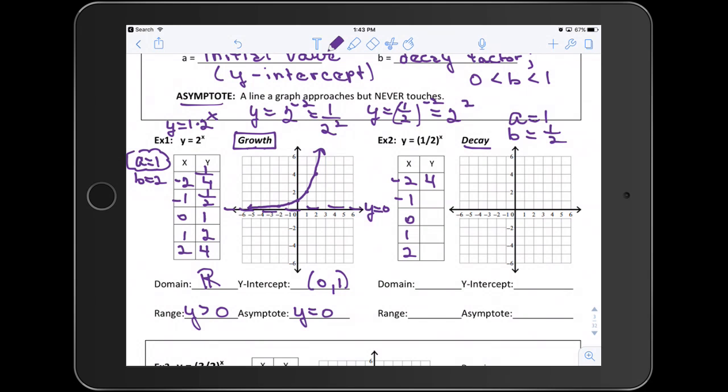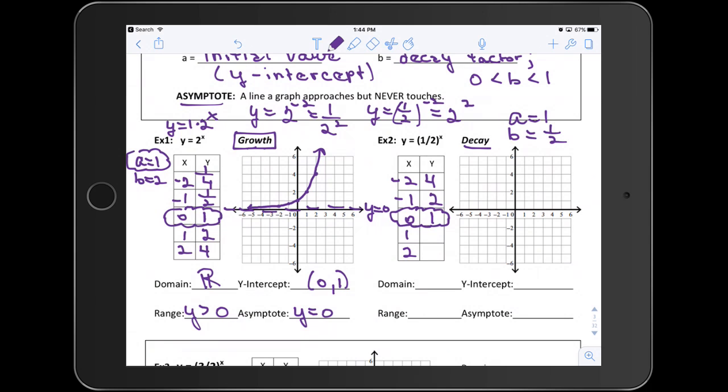When you put -1 in there into your equation, you're going to end up with 2. Then 0 gives 1. Notice again that y-intercept of (0, 1). And this is consistent. Remember, it doesn't matter what your growth or decay rate is. When you put a 0 in for that x value, it's going to go to 1.